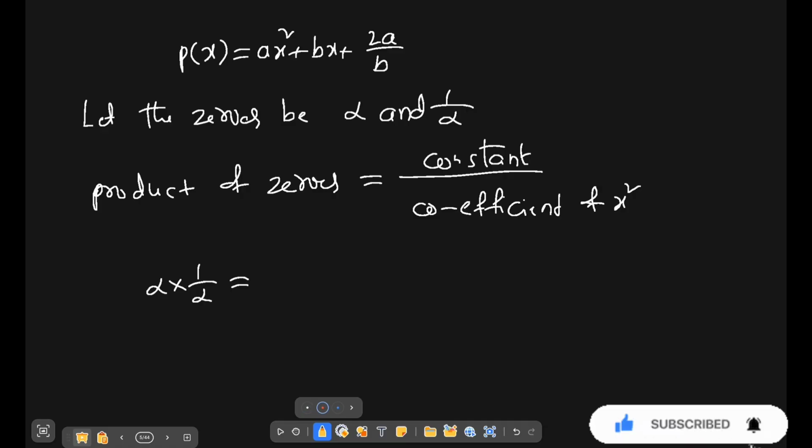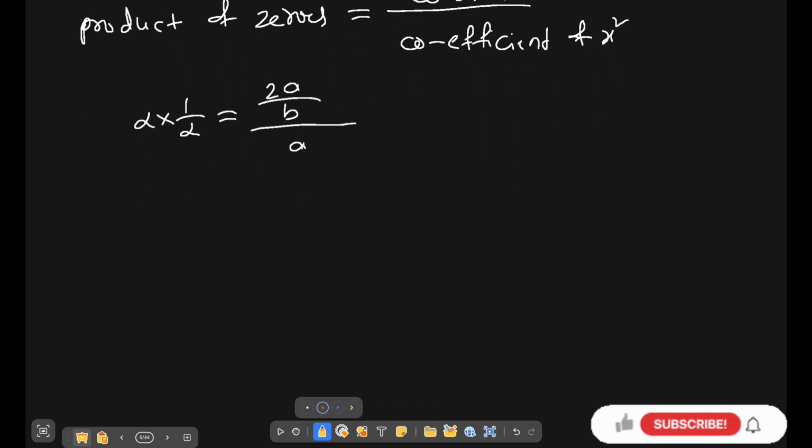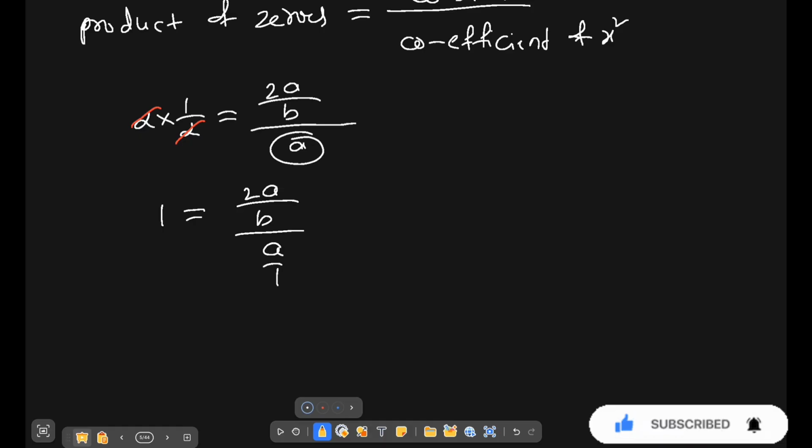Here the constant term is 2a by b, divided by the coefficient of x square. What is the coefficient of x square here? It is a. Alpha gets cancelled, so we have 1 on the left side. 2a by b divided by a becomes 2a by b into 1 by a.